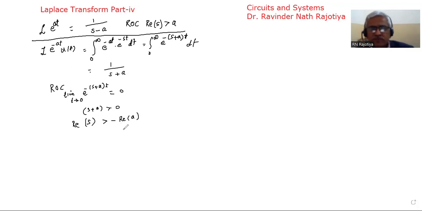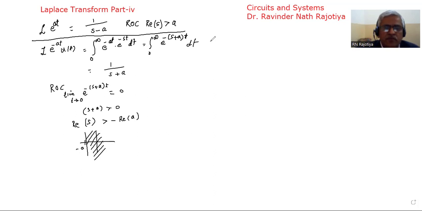So this is the ROC. So this means the region of convergence will be, suppose this is your minus a, the region of convergence will be on the side greater than minus a.